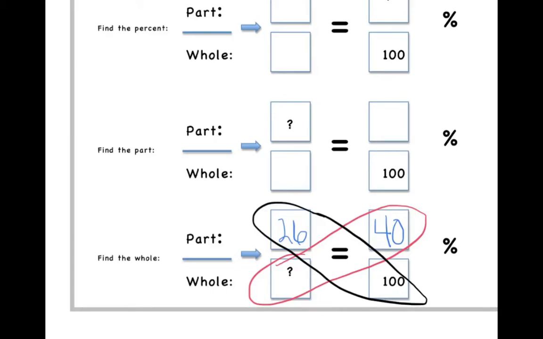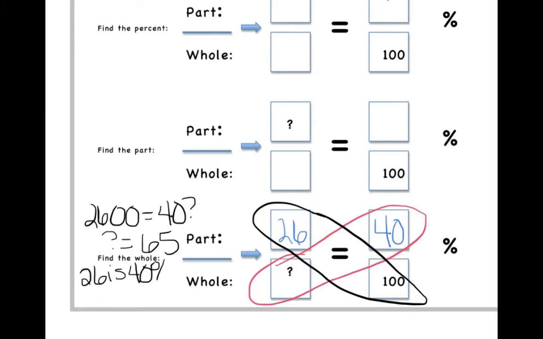So we would end up with 2600 equals 40 question mark. If we were to divide that out, we would end up with question mark equals 65. So 26 is 40% of 65. Now hopefully you can also see that you could check your answer anytime by seeing, is that really true? You do 0.4 times 65 and see if it equals 26, and then you know you're right.